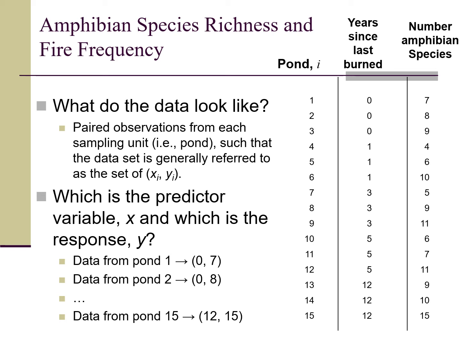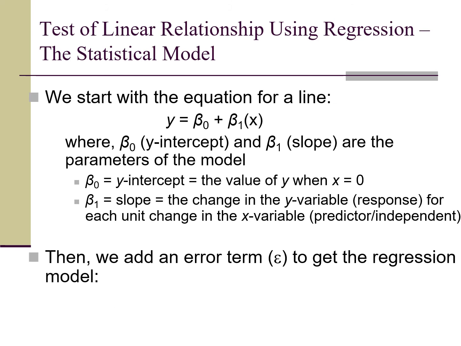So let's just start with the equation for a line. Y, number of species, is going to be equal to some intercept plus beta 1, a slope, times X, the number of years since burn.